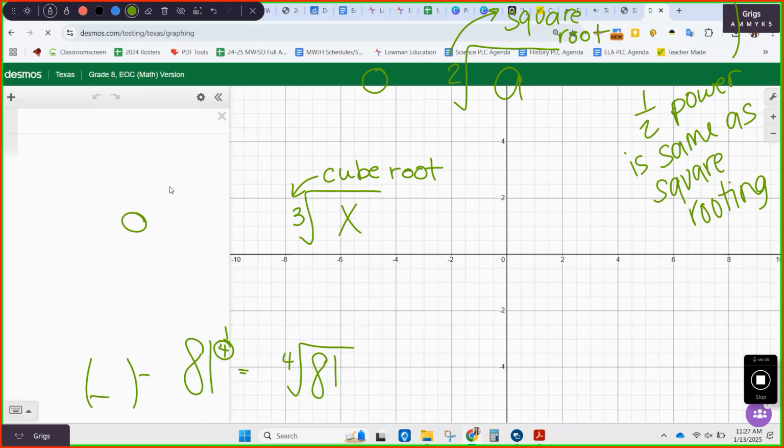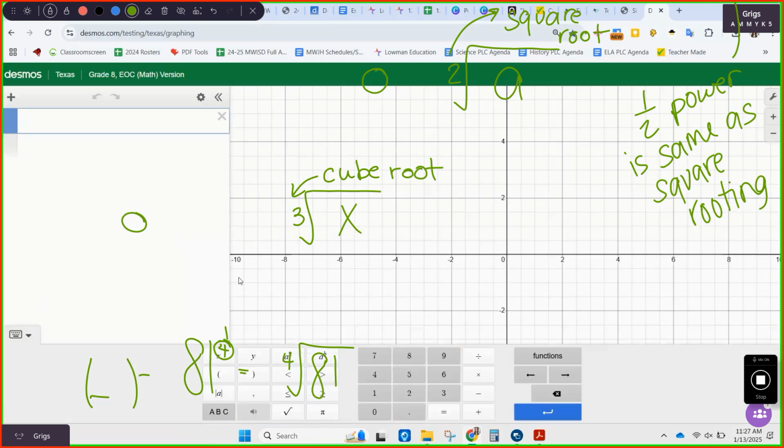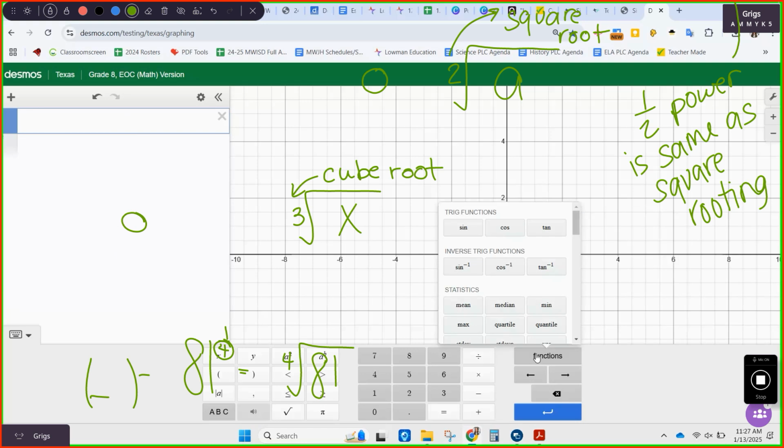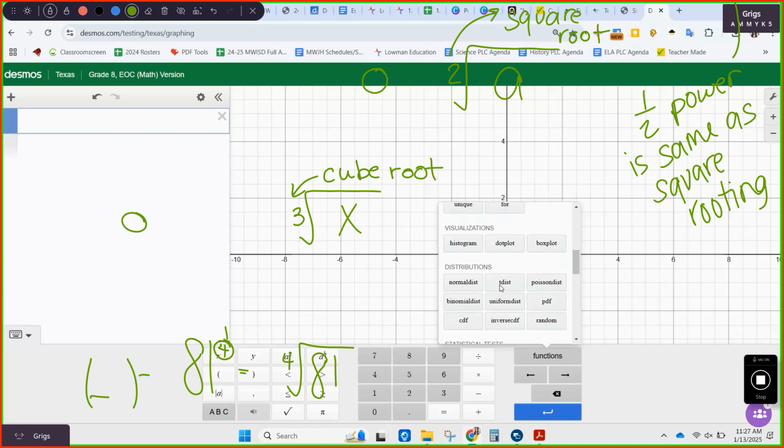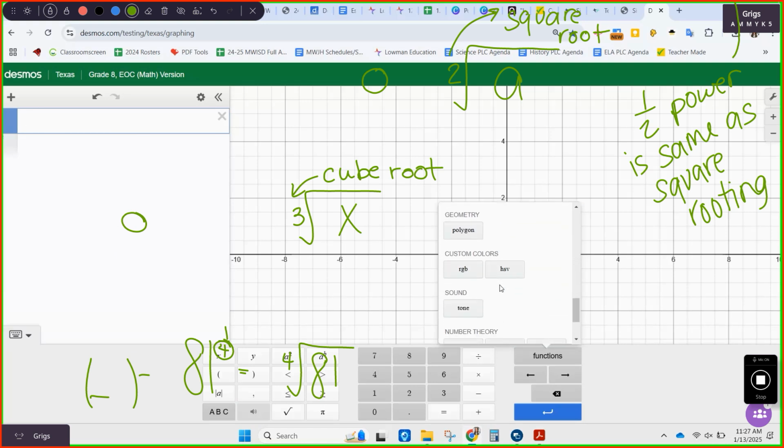On Desmos, follow with me. So on my keyboard, I have the square root symbol right there, but what's wrong? I can't do the number outside. So what I want, I'm going to go to functions, and then I'm going to scroll all the way down to the number theory section. And do you see the nth root?